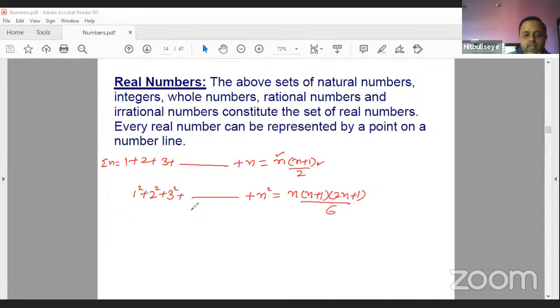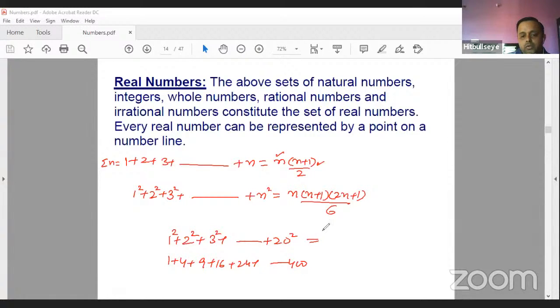Again, you are now finding the sum of the squares of the numbers. If the question is 1 square plus 2 square plus 3 square up to 20 square, you are finding the sum of 1, 4, 9, 16, 25 up to 400, the sum of squares of first 20 natural numbers.